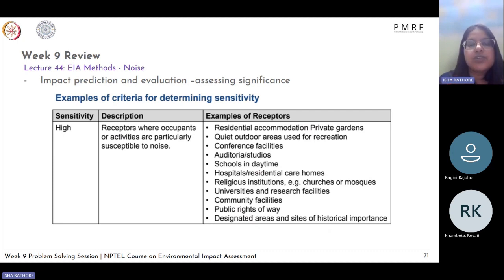If there are hospitals or residential care homes, they have certain sound levels which are advised to be followed near these kind of building types, like hospitals or schools, in daytime. So if you have these kind of land use or building types adjacent or near to your proposed development site, then you need to be very careful and sensitive when doing the noise assessment.